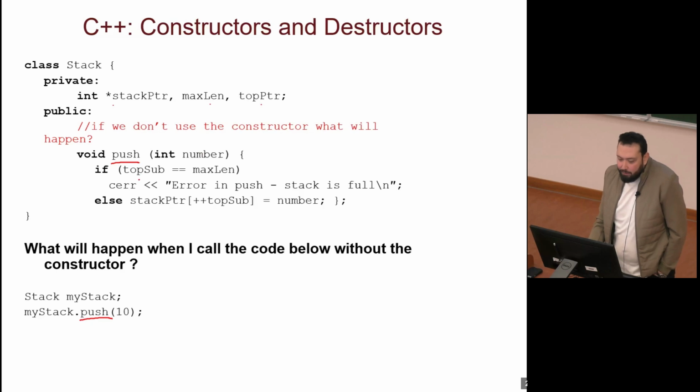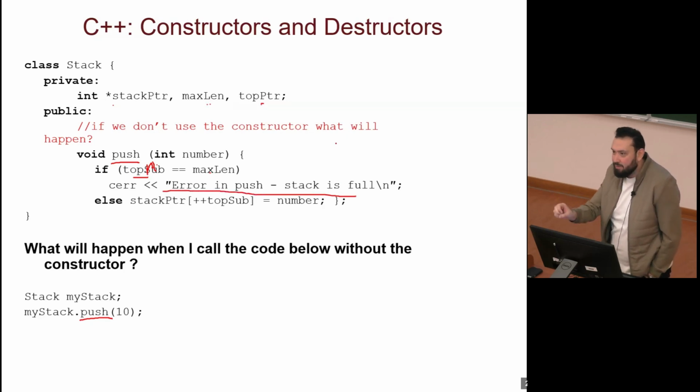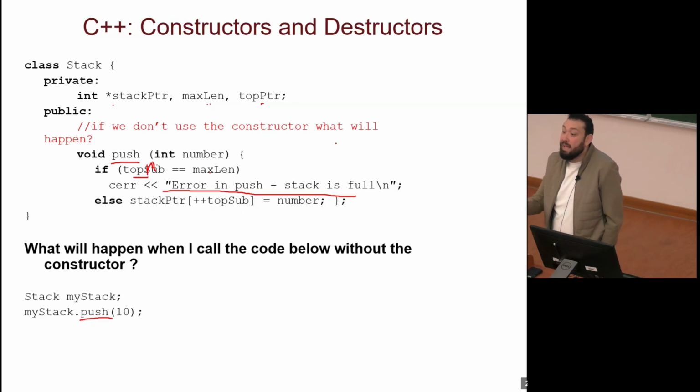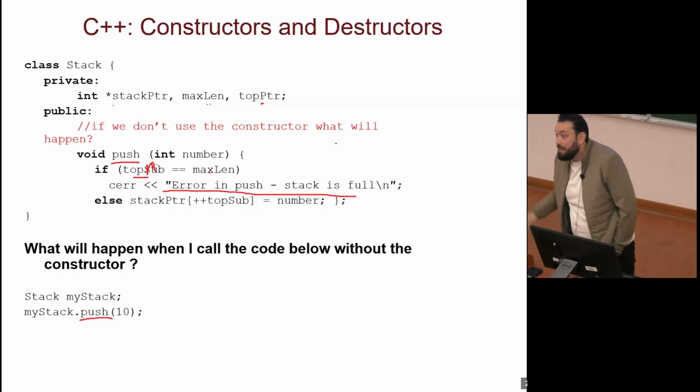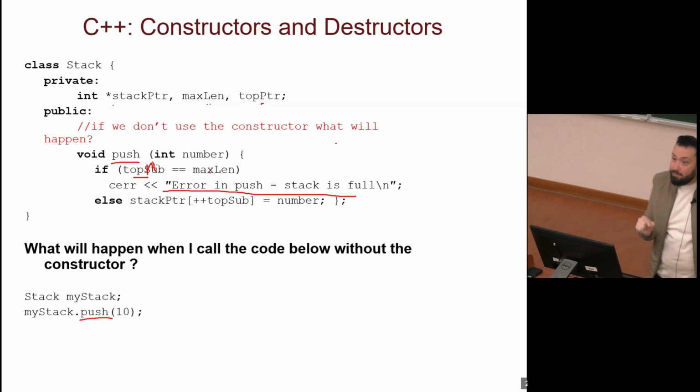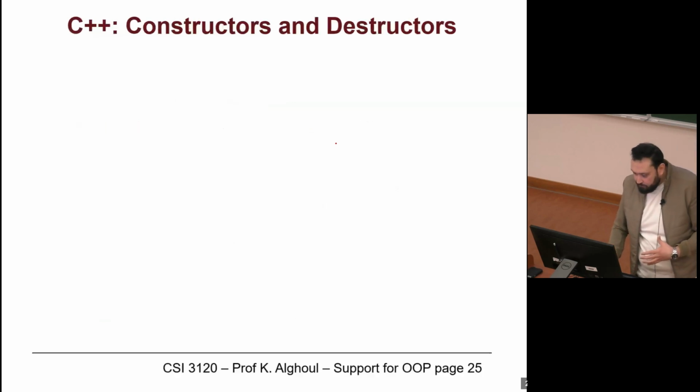So sometimes, by mistake or by coincidence, the top pointer here and the max len are going to be assigned randomly the same value. So you're going to enter this and you're going to have this error in push, stack is full. So sometimes either it's going to work but misbehave, or you're going to end up with an error. So constructor, when it comes to C++, is essential when it comes to classes, because you want to construct.